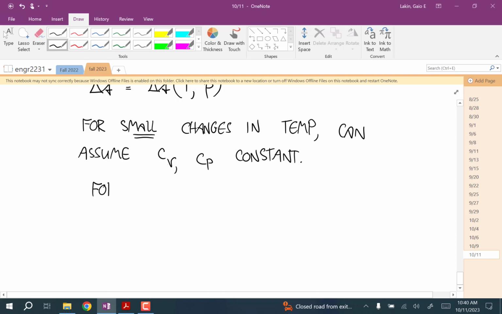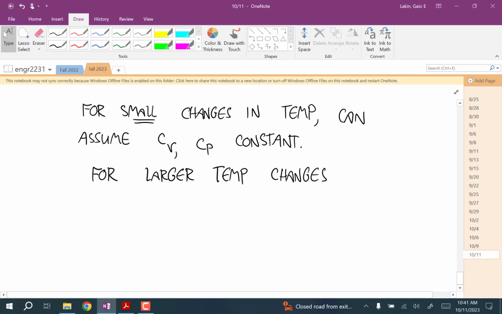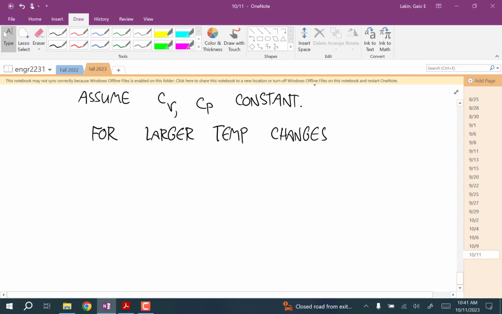For larger changes in temperature, you can look up these two constants in the ideal gas tables.